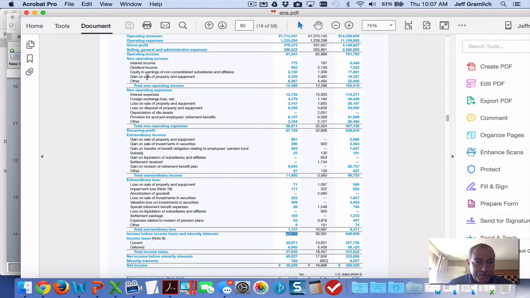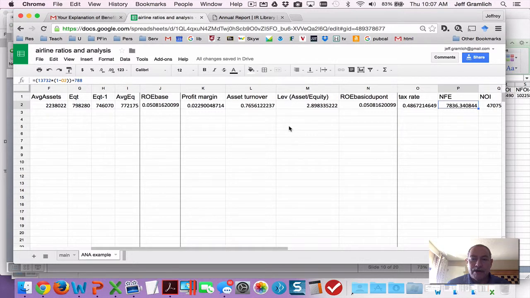Up here we see that we have interest expense 13,732, and we come back and we're going to say, well, it's only the part that's after tax. That's after tax: times 1 minus the tax rate. Well, the tax rate is 0.2.